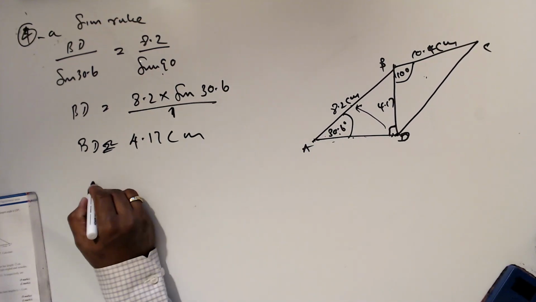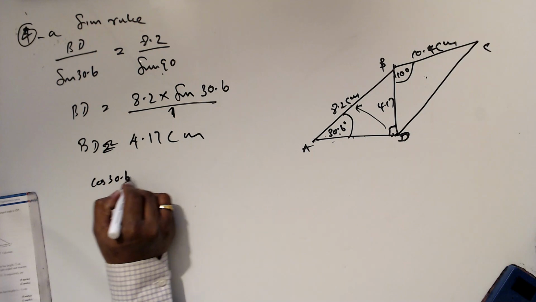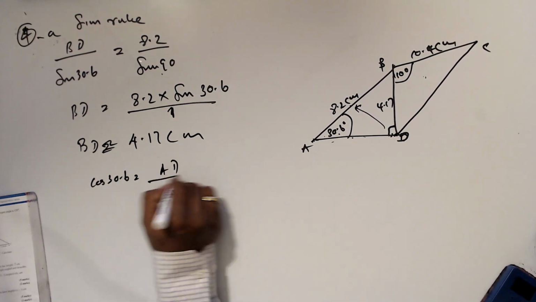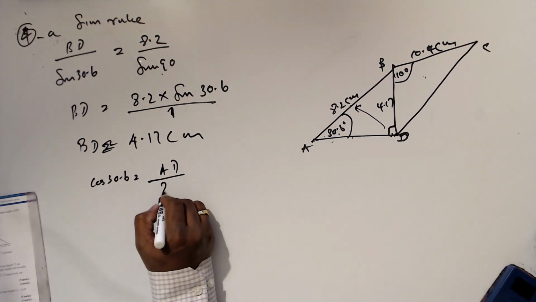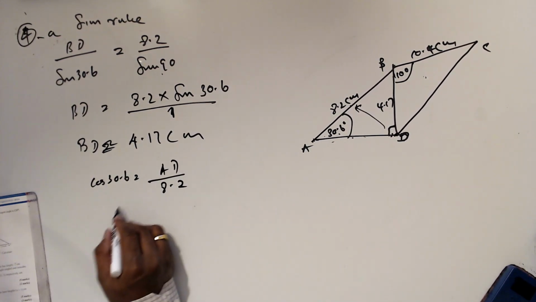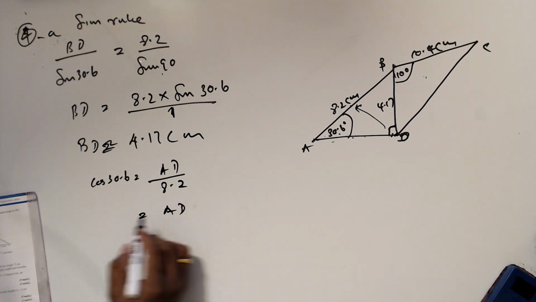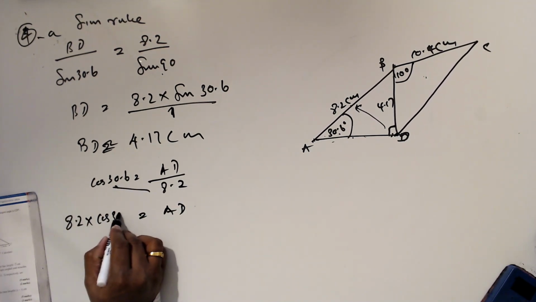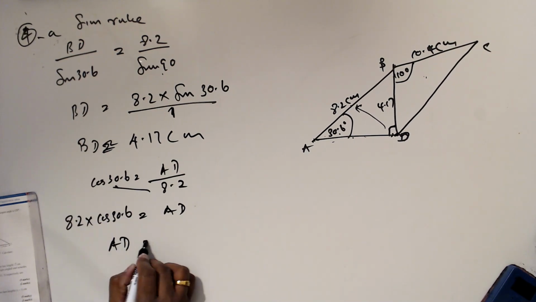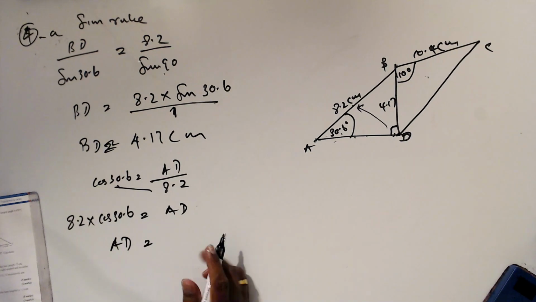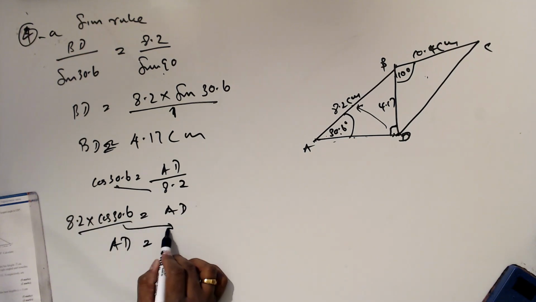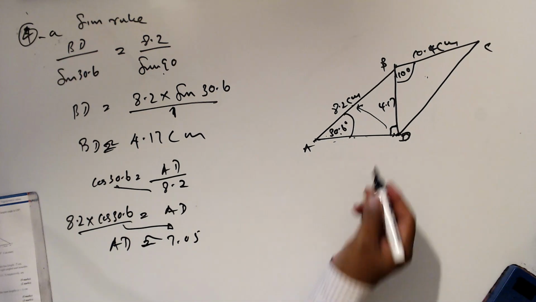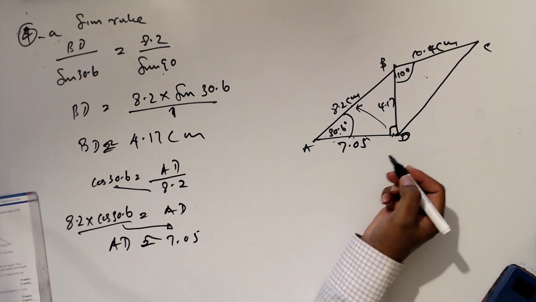So I can write cos 30.6 equals AD divided by 8.2. So AD equals 8.2 times cos 30.6. From the calculator, approximate figure 7.05. So this is 7.05.